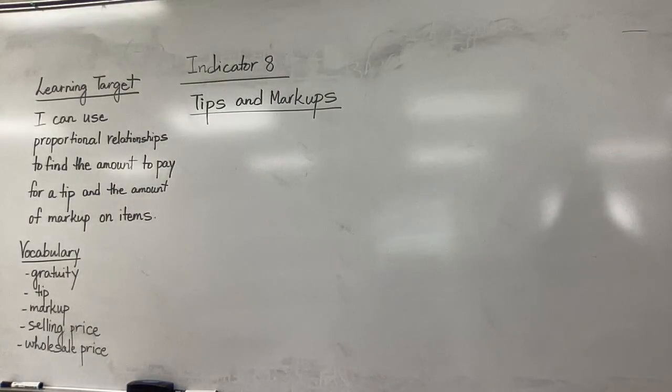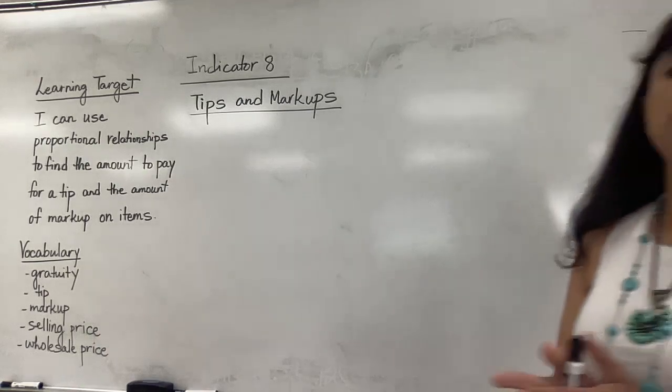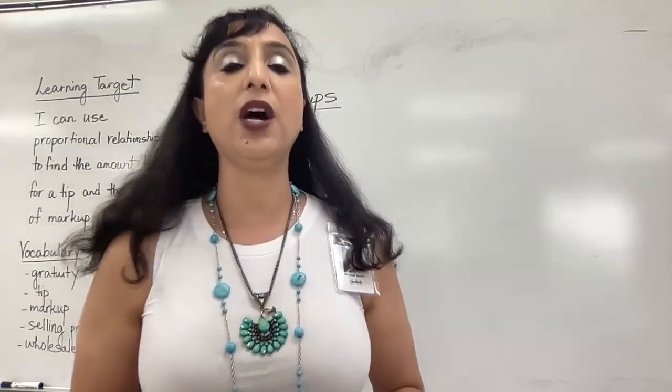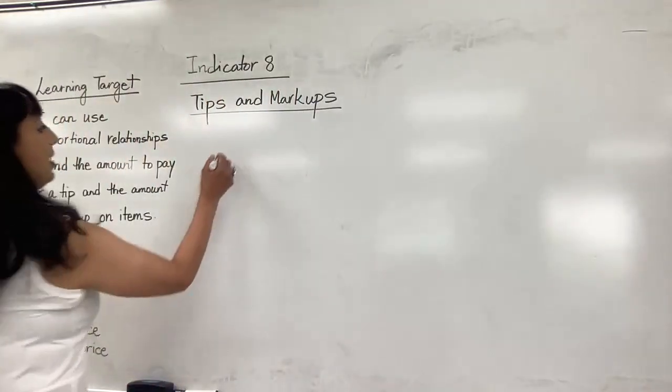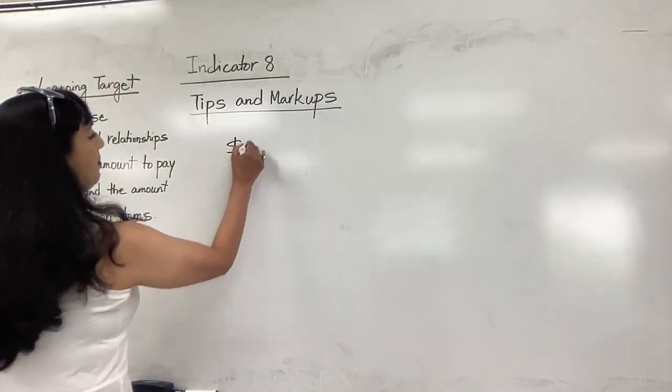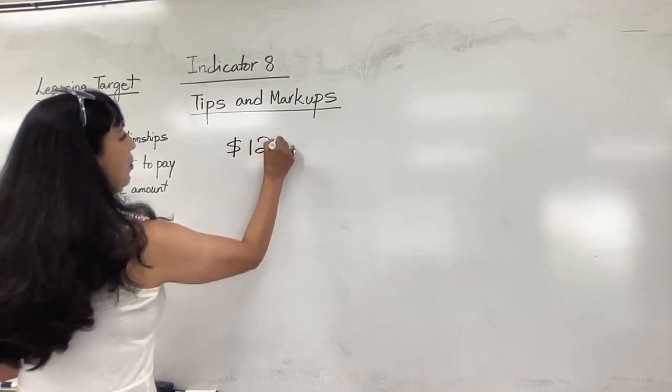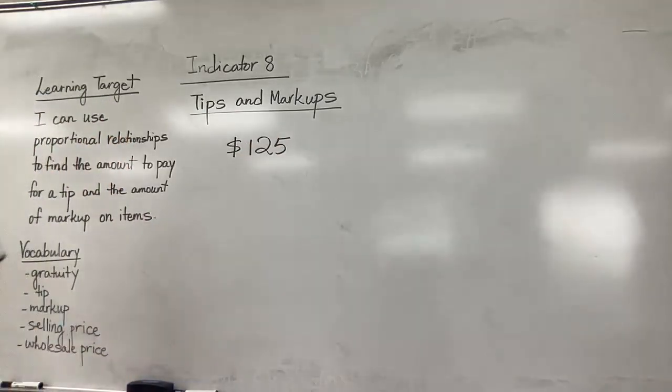So let's say there is a group of 8 people at a restaurant, and the bill for the 8 people added up to $125. So the total amount charged to the 8 people at the restaurant was $125 before the tip was added.